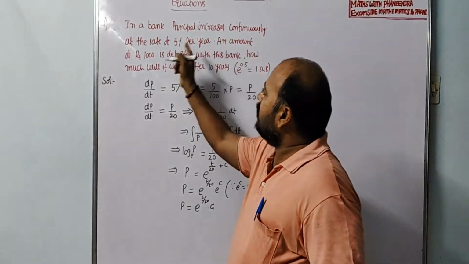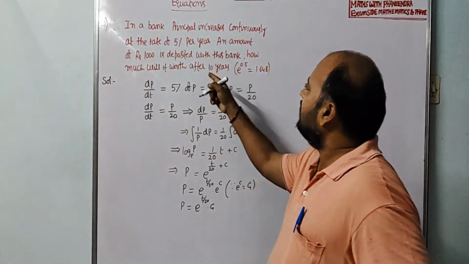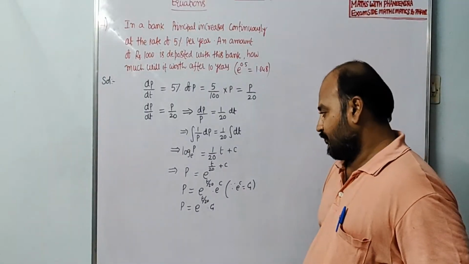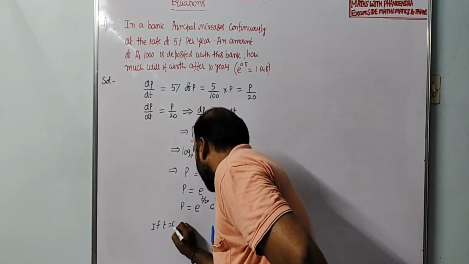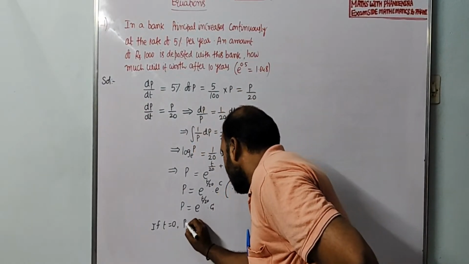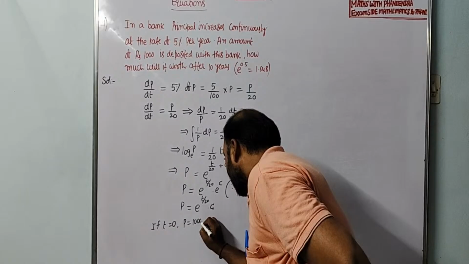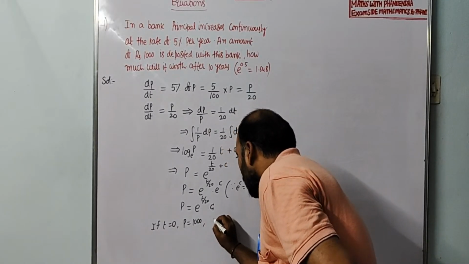Here, an amount of 1000 rupees is deposited with this bank. Initial amount, that means if t equal to 0, P is 1000 rupees.